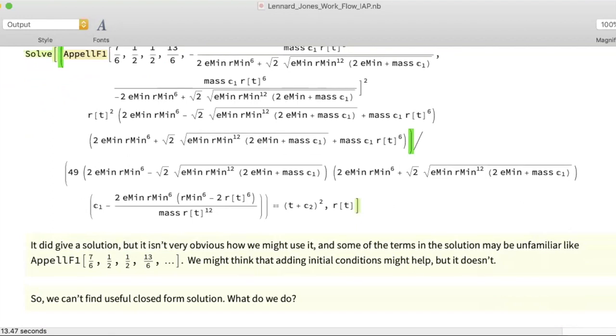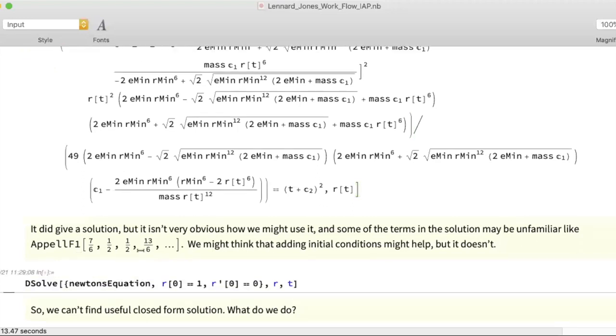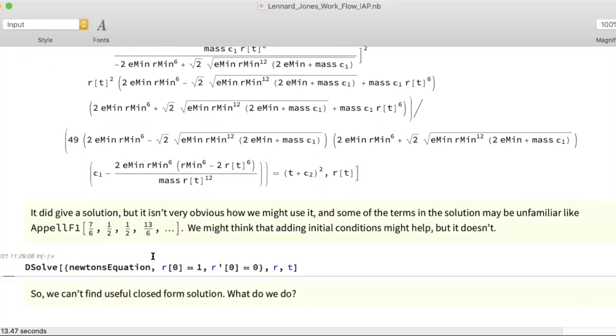Let's suppose that I wanted to do something like add some initial conditions to this and hope that it might be able to find a solution for a special case. So what I'm going to say is solve Newton's equation, also add the conditions that R at time equals 0 is equal to 1, and that the speed at time equals 0 is equal to 0, and try to solve for R as a function of t.